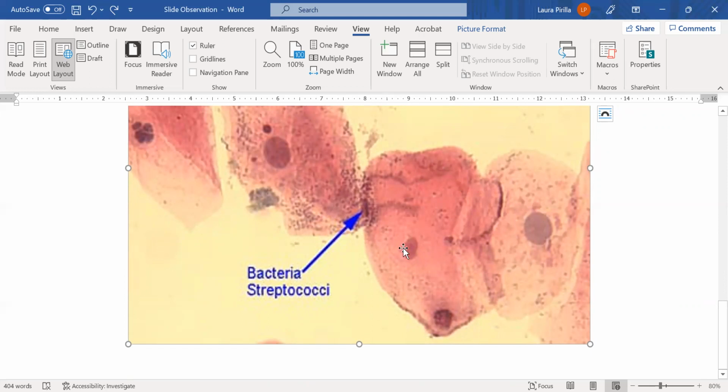In fact, even the nucleus of a eukaryotic cell is quite a bit larger than any of the prokaryotic cells that are on this slide.